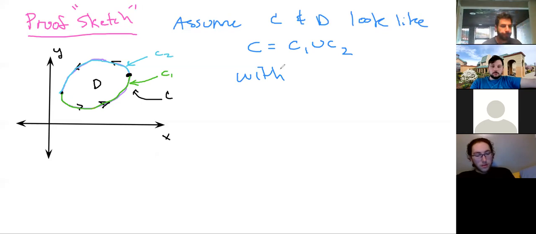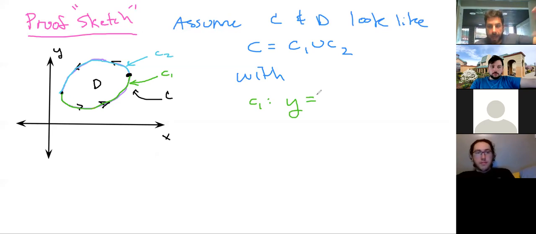Okay, now I want to give names to these things. How do I describe C1? Well, it's going to be some function, y as a function of x. I don't know what it is, so I have to give it a letter.